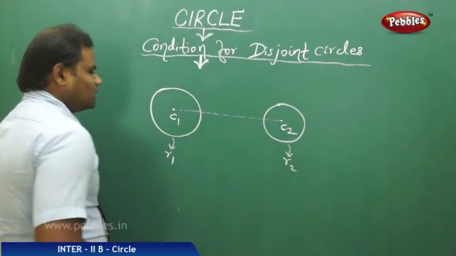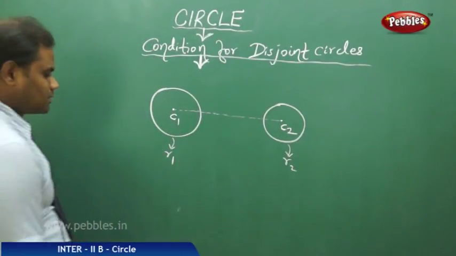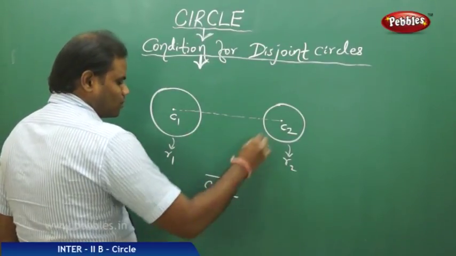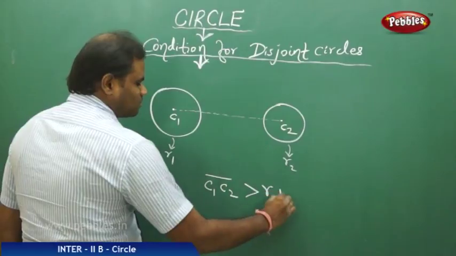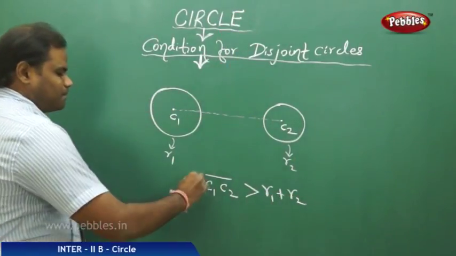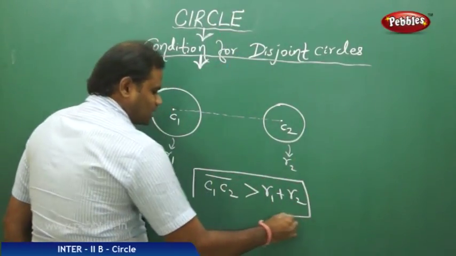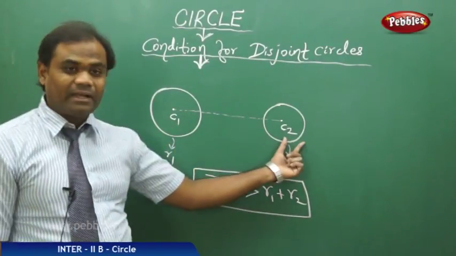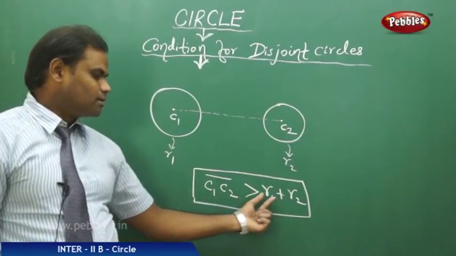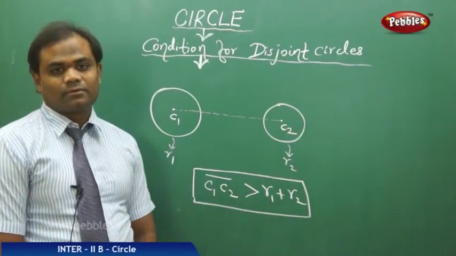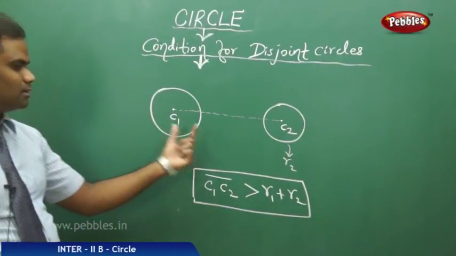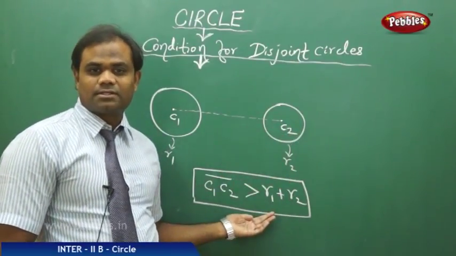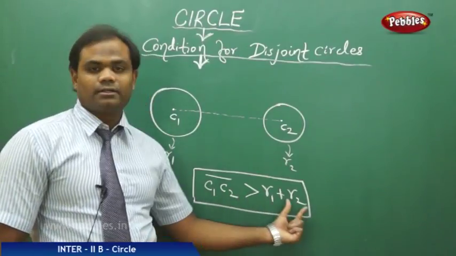For the two circles to be disjoint, the condition is that the distance between C1 and C2 is always greater than the sum of the radii, R1 plus R2, where R1 is the radius of this circle and R2 is the radius of this circle. The condition for disjointness of two circles is this greater than this.